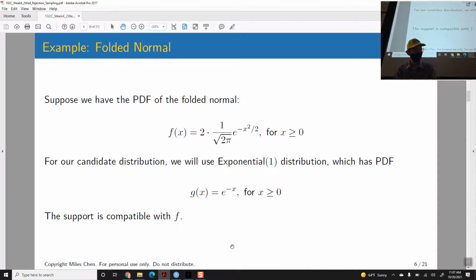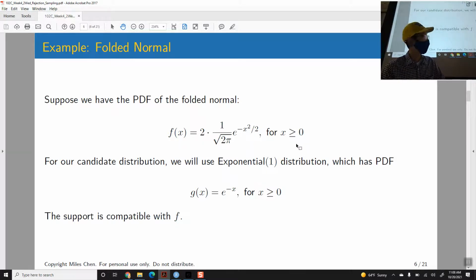In our case, we will just take the standard normal distribution and take the absolute value of it, and that's going to be the folded normal. Basically, we're just taking the positive half of the normal distribution, and it's going to be twice as tall, because it still has to integrate to 1. So the PDF of the folded normal is 2 times the PDF of the standard normal, and the support is going to be x greater than or equal to 0.